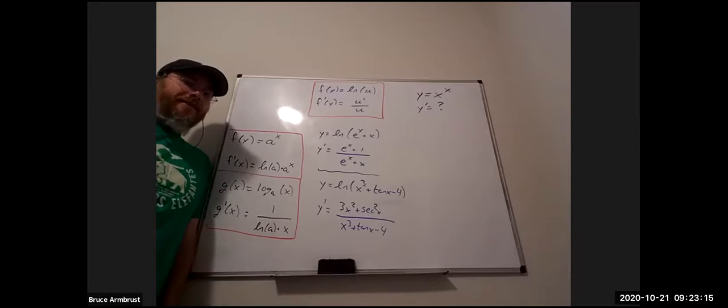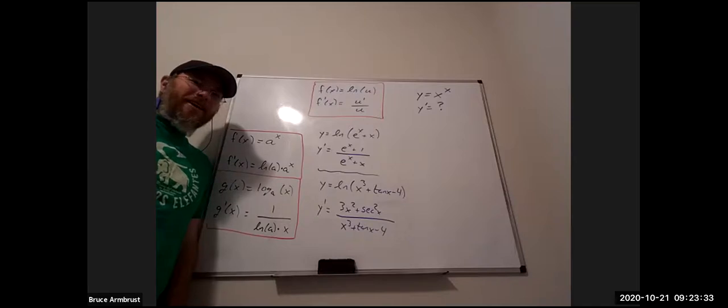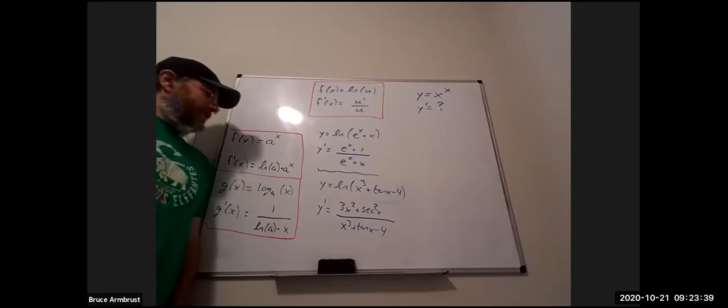X to the x. Is it a fraction where x is the denominator as well as like x prime? Okay. So I don't know if that sounds horrible, but think about it. You look at it and you go, all right, is it an exponential function? I mean, that's the question. Is it an exponential function? Is it one of these guys?